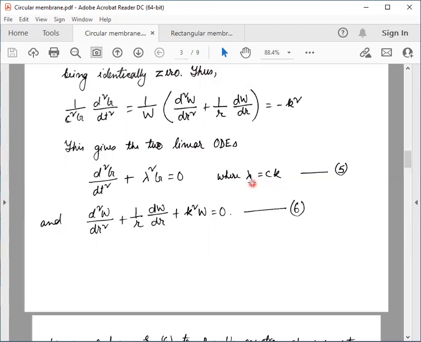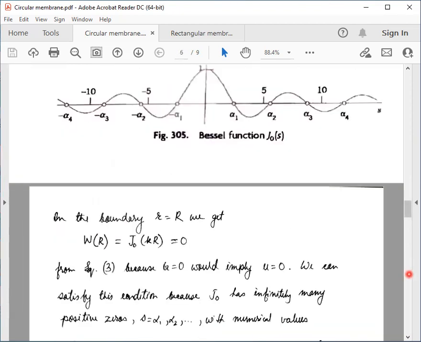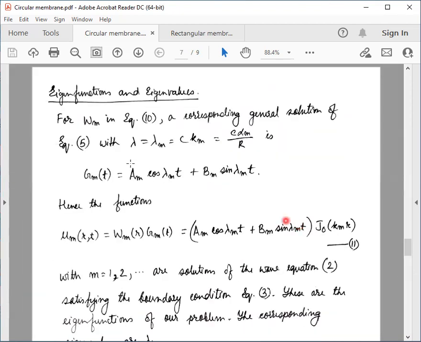So that means lambda is also quantized, and the possible values of lambda are given by lambda m. So for Wm in equation 10, a corresponding general solution of equation 5 with lambda equal to lambda m, that is c times km, is Gm(t) equal to am cos lambda m t plus bm sin lambda m t.